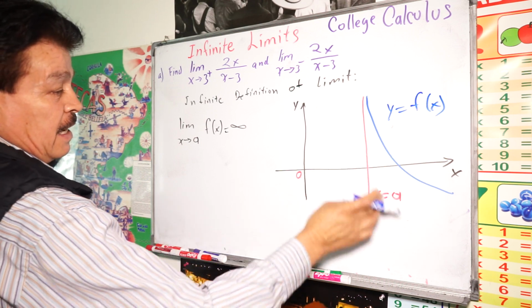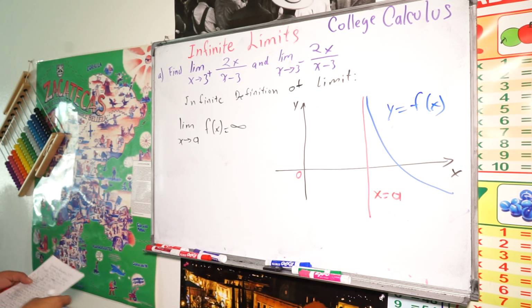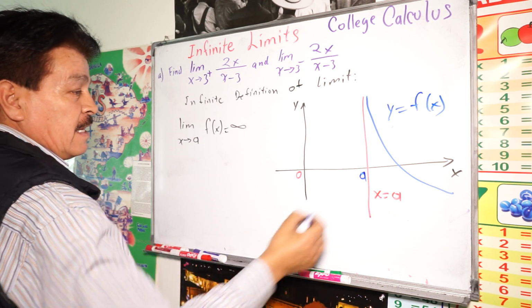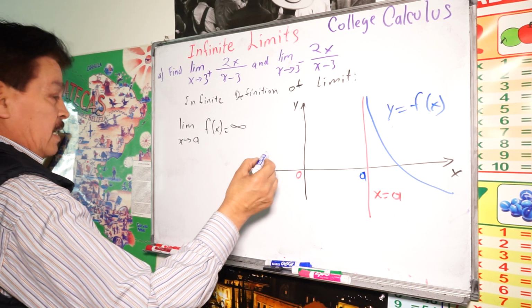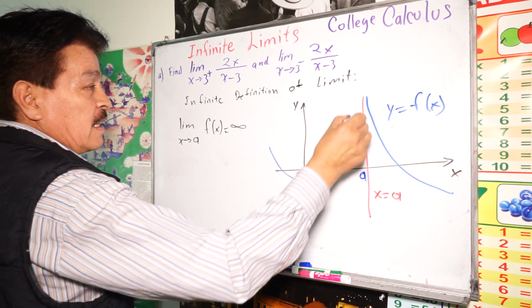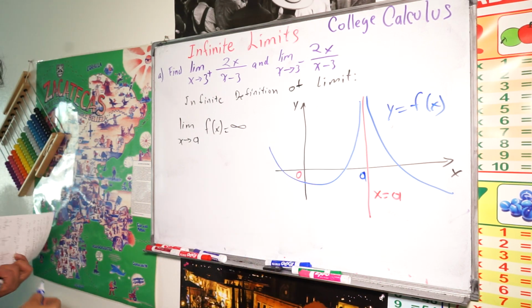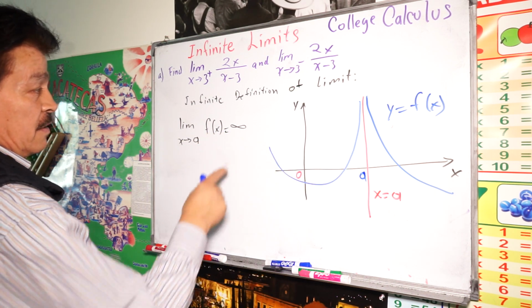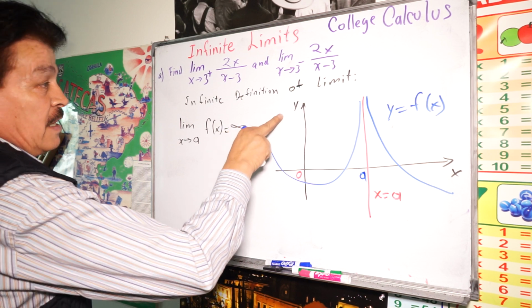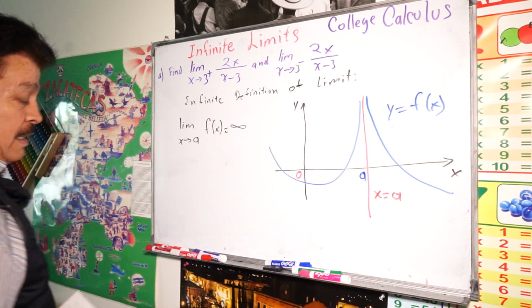And this is x, and then this is a, and the origin. And on the other side we have, for instance, some graph like this. Okay, we are talking about this kind, the definition of infinite limit is like this.